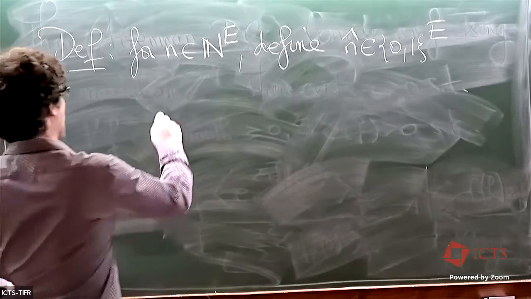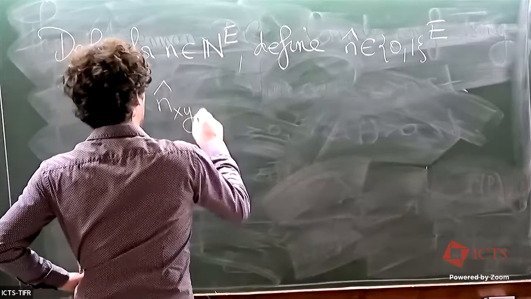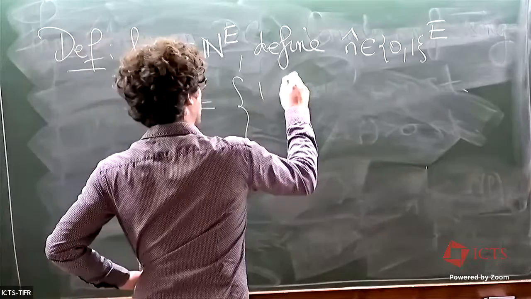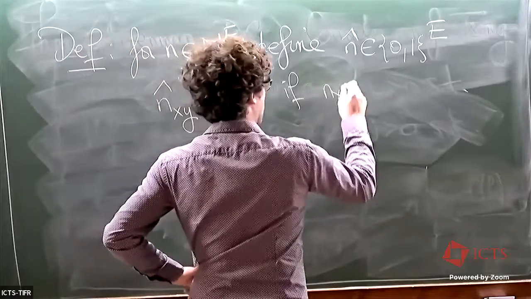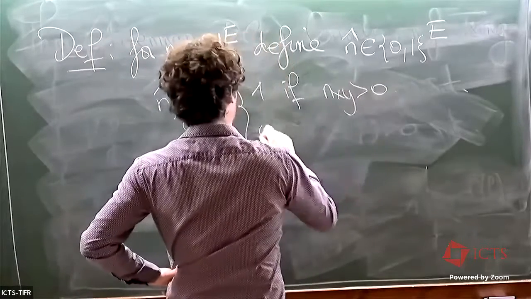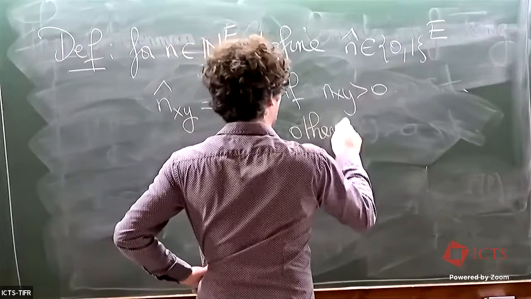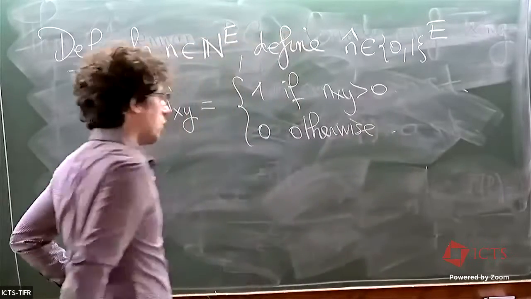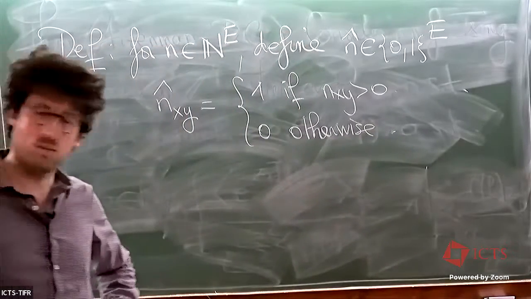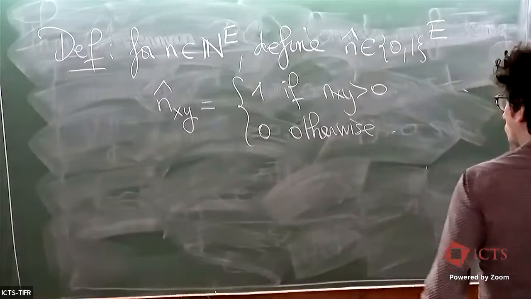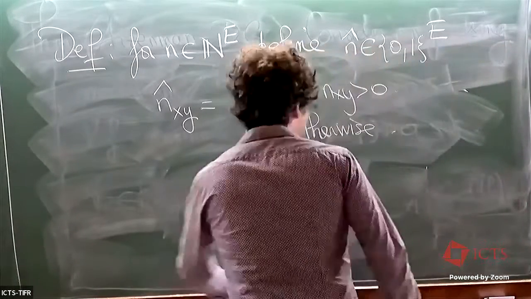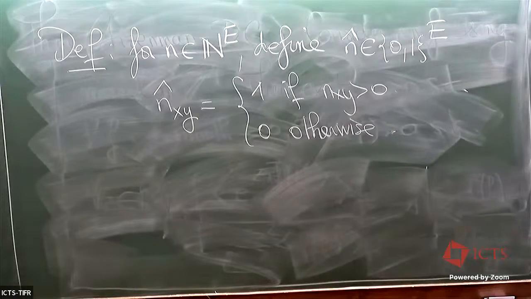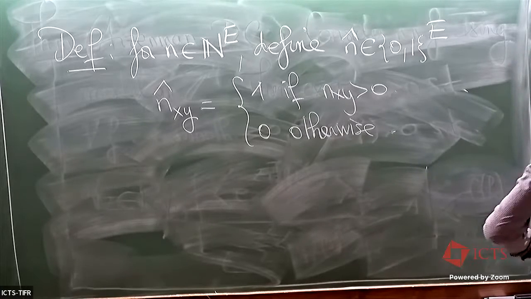And this n hat of xy is just 1 if nxy is strictly positive and 0 otherwise. So it's just saying whether the current is positive or not. Okay. Once we have this, we can state our main combinatorial tool. It's called the switching lemma.